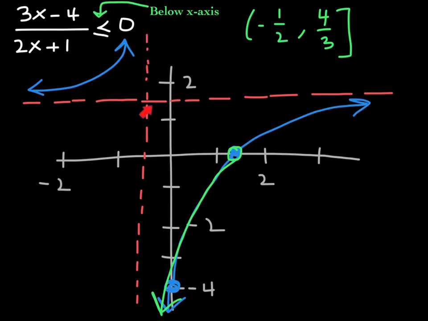A vertical asymptote as well. You transition from being positive to being now negative down here. So from now on, when we solve a rational inequality, all we really need to do is find the vertical asymptotes and the x-intercepts, and then we can answer the questions.